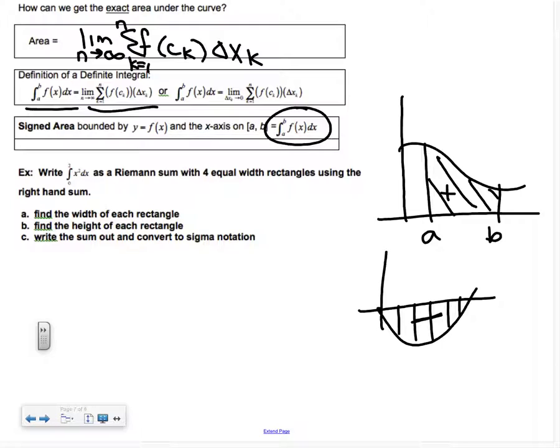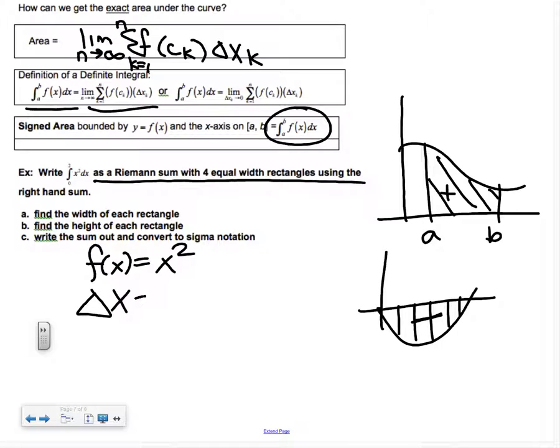So to write a Riemann sum, what you're going to do is kind of undo your integral. You figure out your f of x clearly is x squared, and I'm integrating from 0 to 2. So the first thing I have to do is find the width of each rectangle. So the width is the delta x. And delta x, as you recall, is b minus a over the number of rectangles.